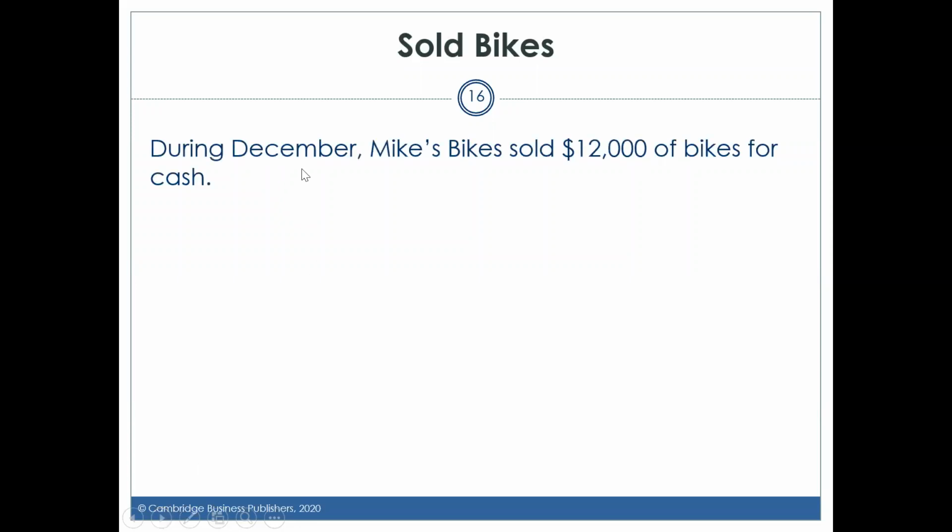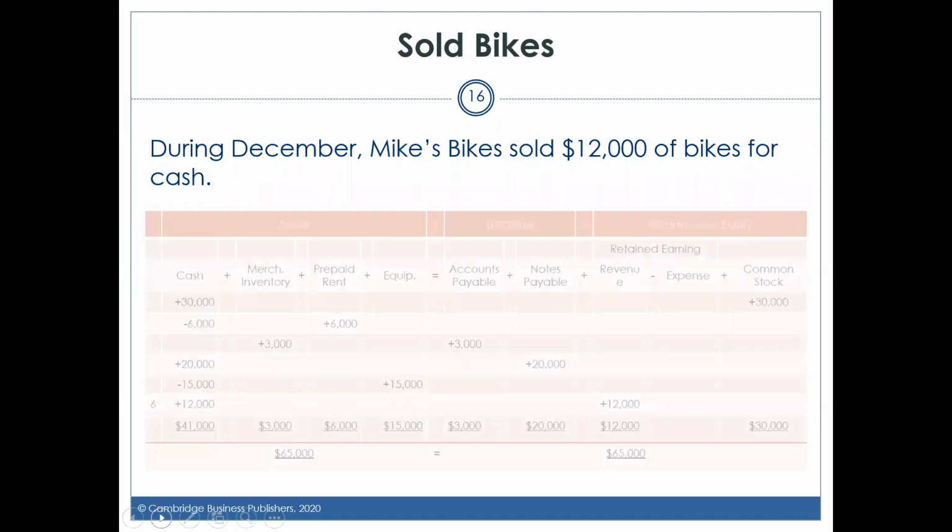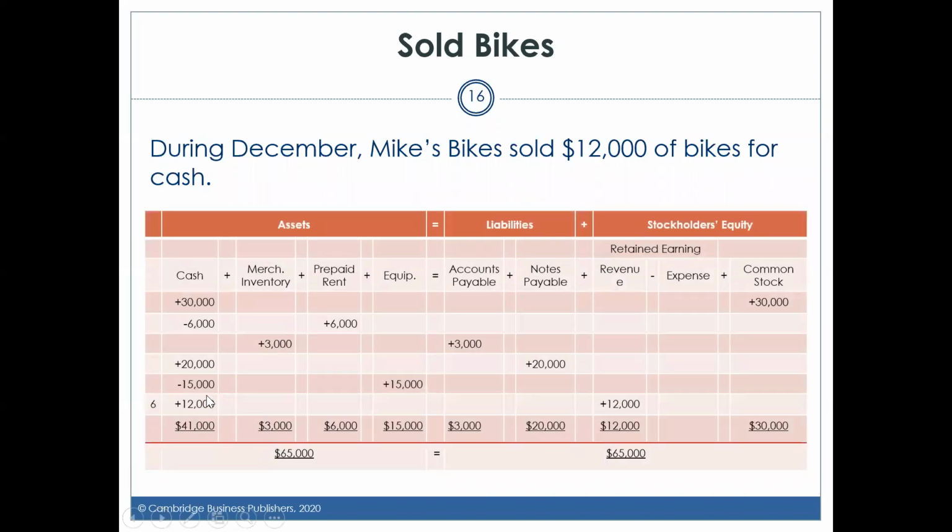Sold bikes. During December, Mike's Bikes sold $12,000 of bikes. In exchange, they got cash. So we gave up $12,000 of our merchandise inventory. And in exchange, we increased our cash by $12,000. So cash goes up by 12,000.